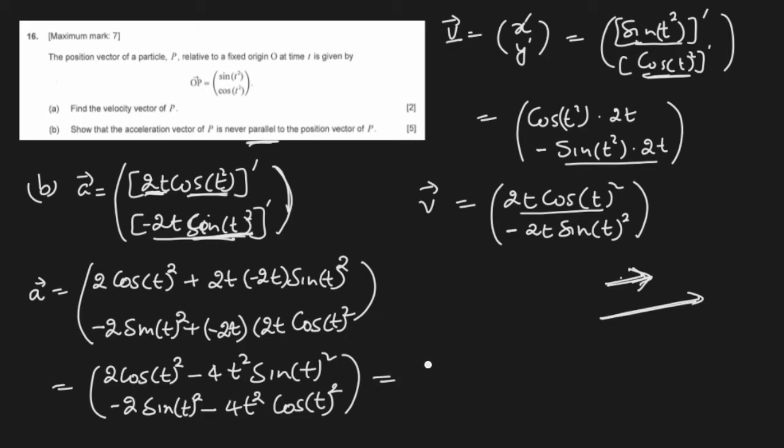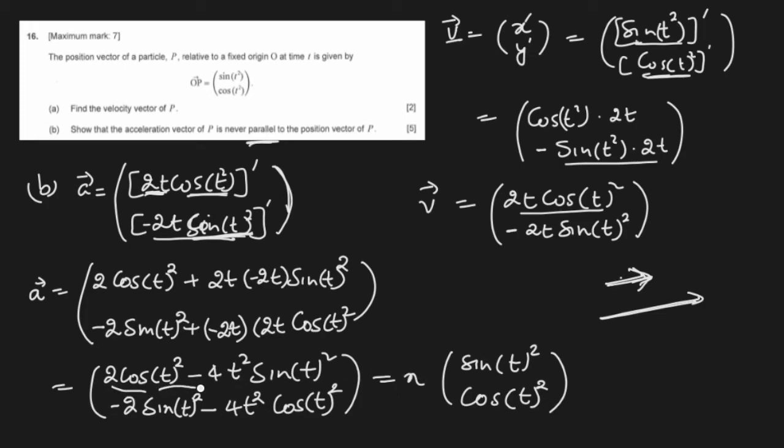Now, if they are parallel, it has to be a multiple of the position vector. That's what they're saying. The acceleration vector is never parallel to position vector p. So n sine t square cos t square. We can clearly see that it can never be a multiple of this.